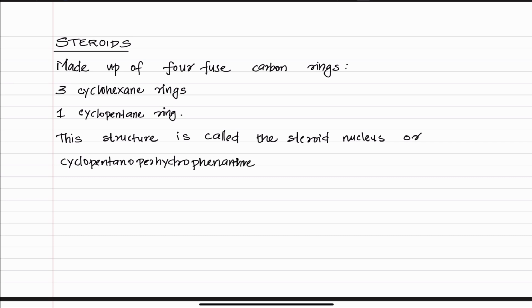This word is important because they can ask questions like what is the ring structure in a steroid nucleus called. So it's important that we learn this. Remember that and don't forget it. It's a big name, so there's no way you'd forget it.